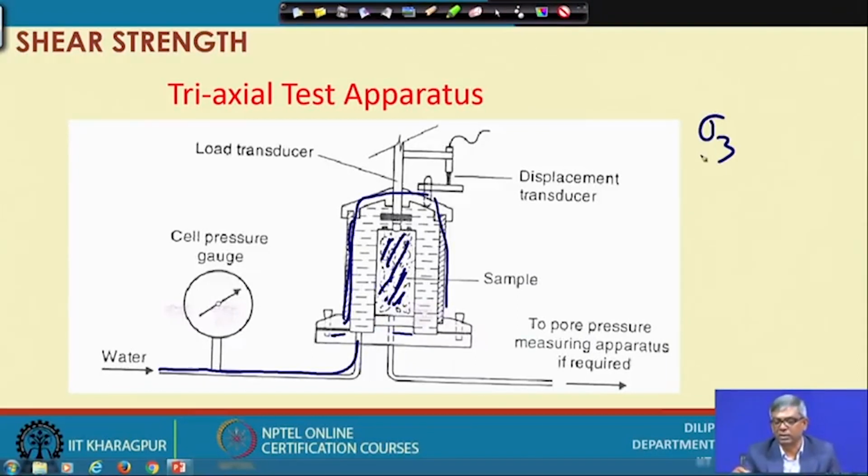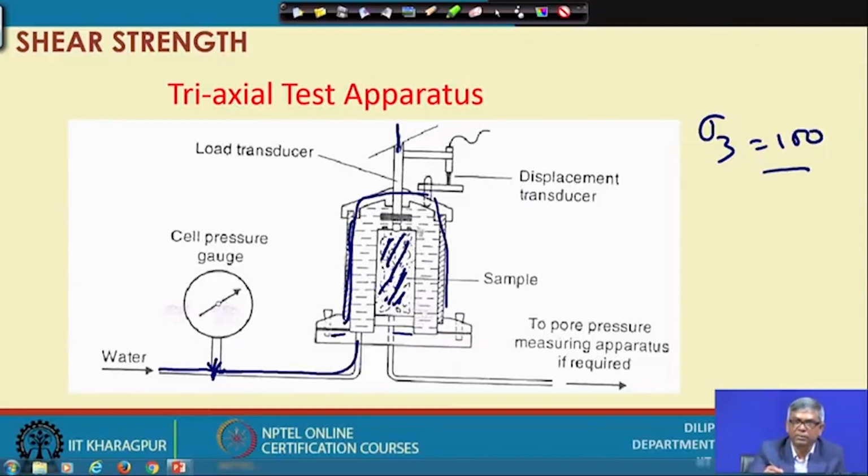I can conduct, suppose, sigma 3 equal to 100 kPa. So, I will apply that and then close this one. Under 100 kPa pressure, everything will be closed, and then through this an axial load will be applied till it fails.